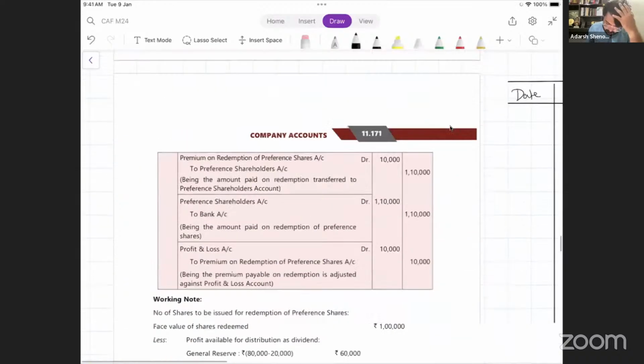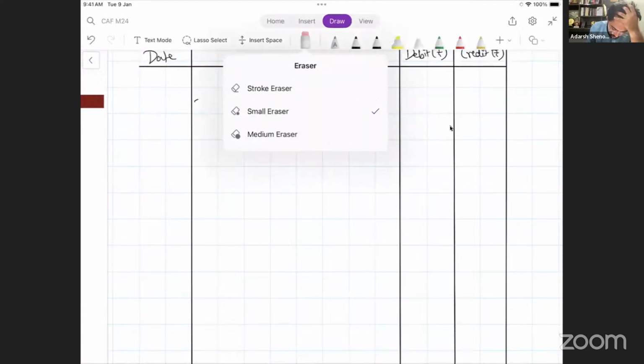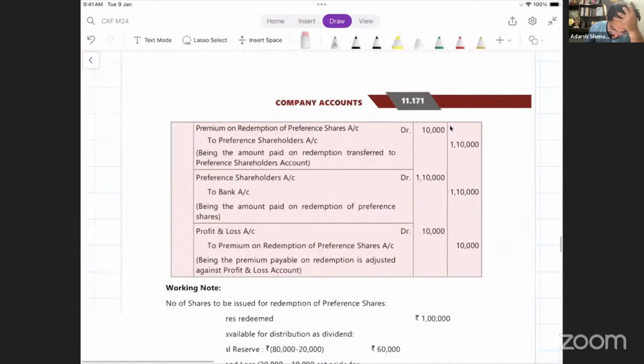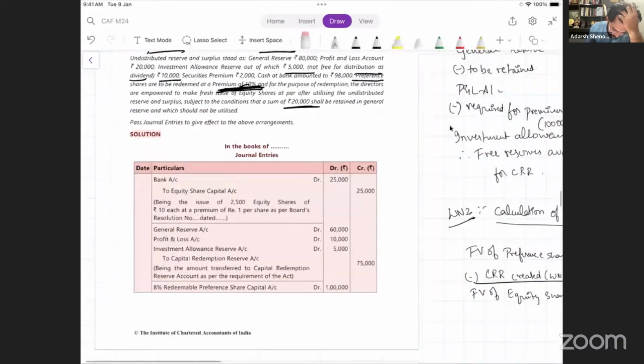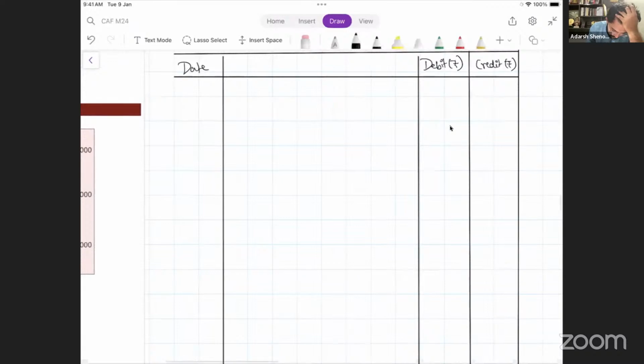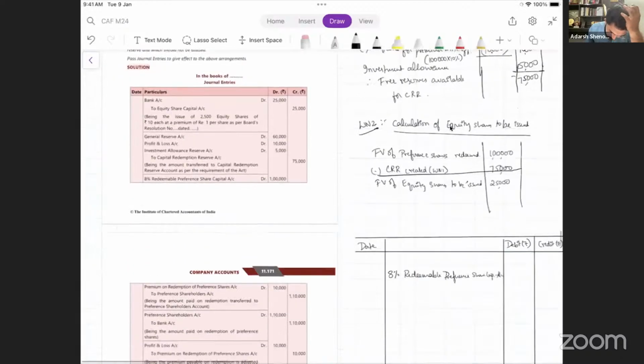Okay. First, the entry for redemption, preference capital account debit. Sorry, what preference shares are these? By the title of the shares also. 8% redeemable preference shares. That will be 1 lakh.